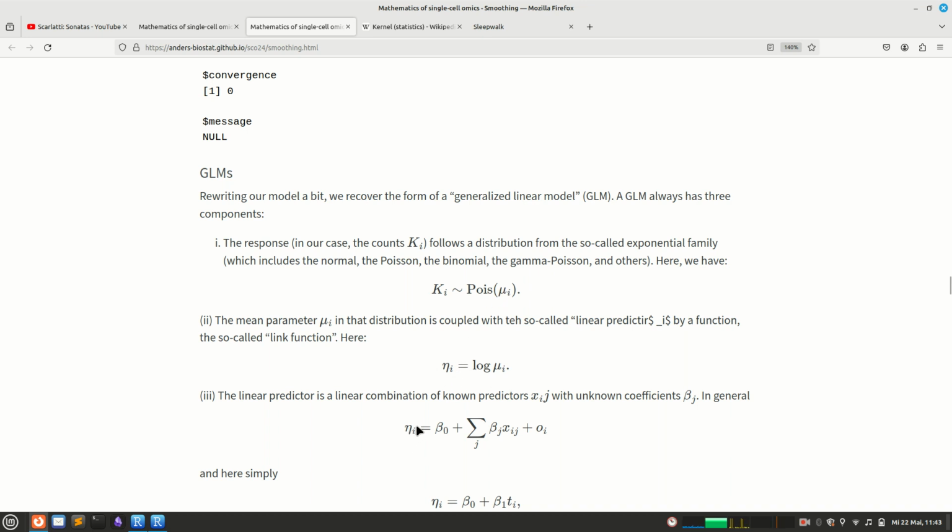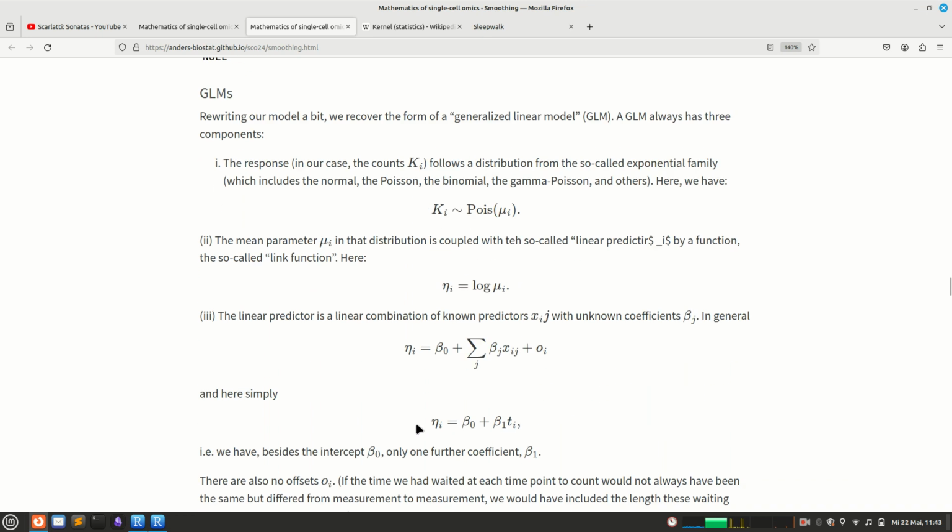And this eta_i is now given by a linear model, so some intercept plus some linear combination of parameters. In our case, eta_i is simply beta naught plus beta 1 times time.